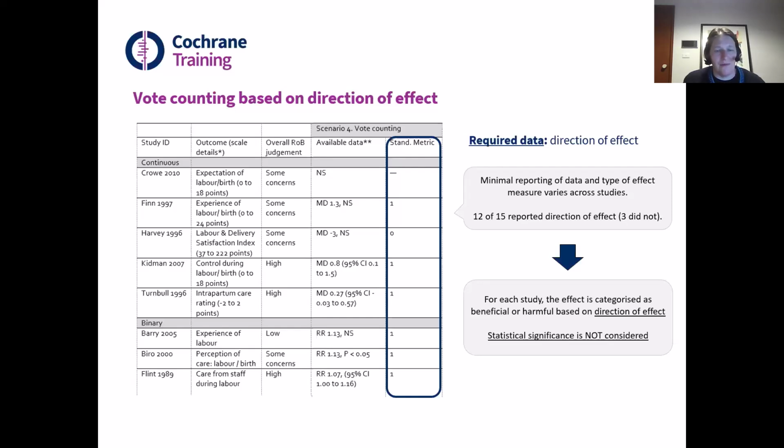So here we have satisfaction being higher in the midwife-led models of care compared with the alternative models. And so we have a value of 1 here. In this case here, satisfaction is actually lower in the midwife models of care group. And so this study, the standardized metric is 0.